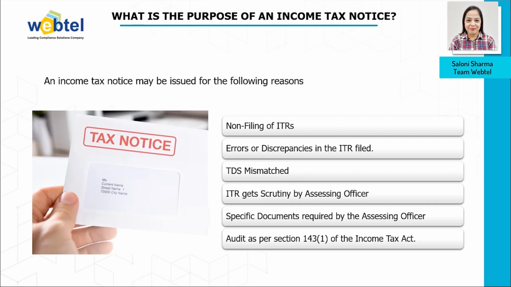If any discrepancies are found, the department may request additional information by sending out various notices. Failure to provide the requested information may result in further assessment procedures. This process is known as a scrutiny assessment, and it is initiated when the department issues a notice to scrutinize.